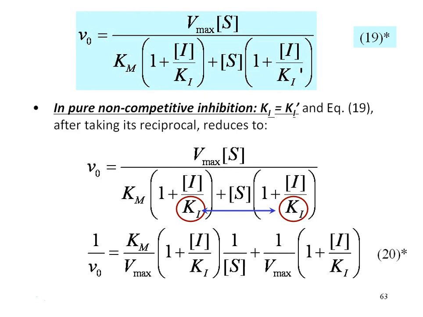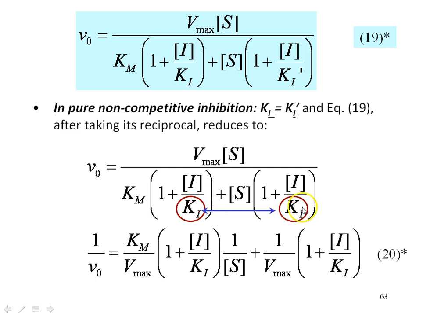In this case, we revert back to equation 19, the most general equation. You can see here the prime and the non-prime to distinguish alpha and alpha prime, but in the case of pure non-competitive inhibition, Ki and Ki prime are equal, and therefore the distinction is not warranted anymore.